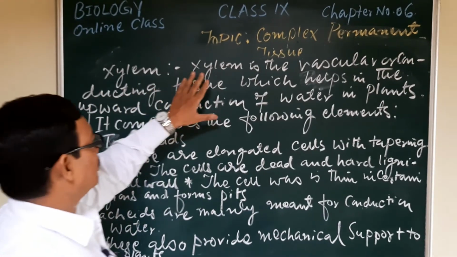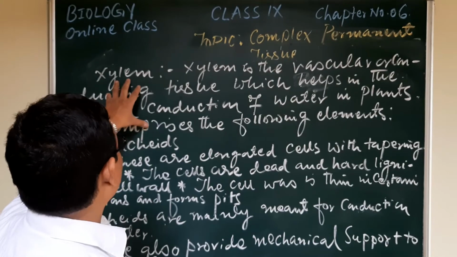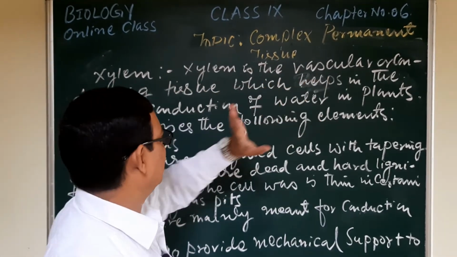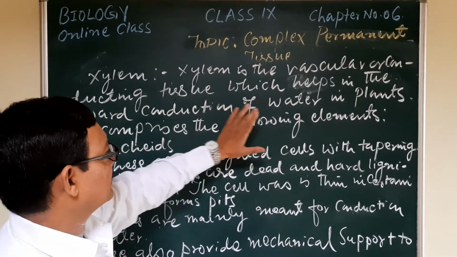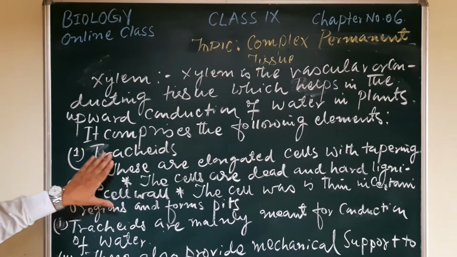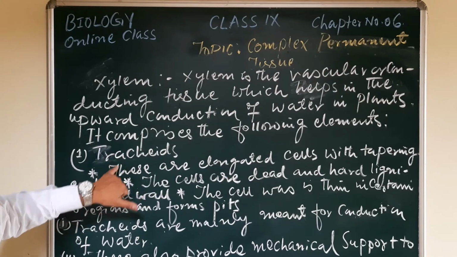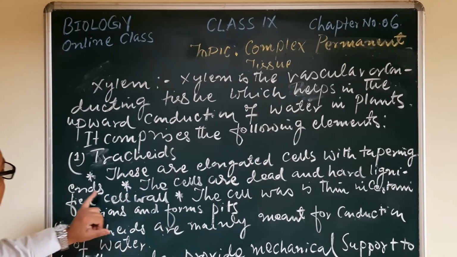In a very short form, here are notes on xylem. Here is the definition: xylem is the vascular or conducting tissue which helps in the upward conduction of water in plants. It comprises the following elements. Number 1 element is tracheids. These are elongated cells with tapering ends.